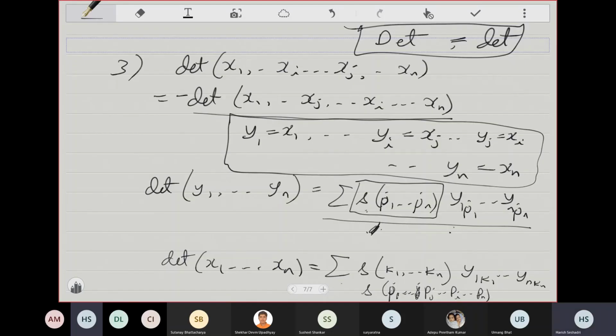If I look at the permutation which is like this, then all the corresponding x's will be the same. Oh, this was supposed to be x here.